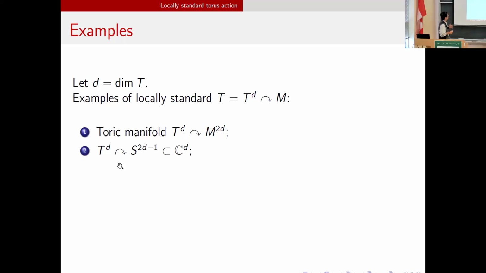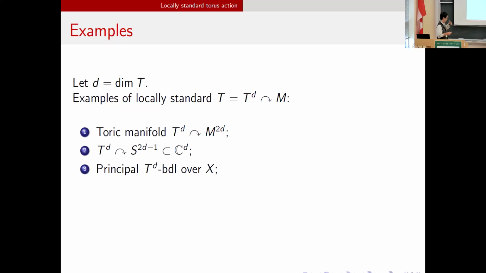So in this case, there is some circle subgroup in this T^d which acts freely on this odd dimension sphere. So in this case, a non-trivial T_L part appears in the local standard chart, but the R_M trivial part doesn't appear. So the third example is this one, a principal T^d bundle over X. So the torus T^d acts on the fiber freely, and on the base space the torus acts trivially.